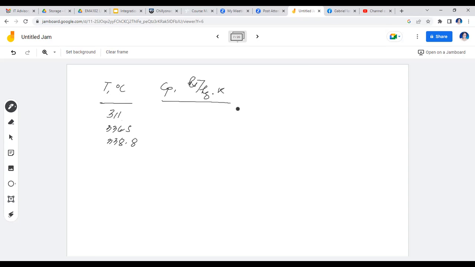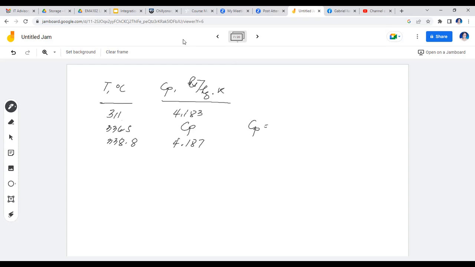The CP for 311 is 4.183. We need this CP here. In here, we have 4.187. Actually, if you don't want to go through the trouble of using this method of averaging the inlet and outlet temperature, the answer will not really vary that greatly. But nonetheless, since I have written it here, can you please solve for the CP?